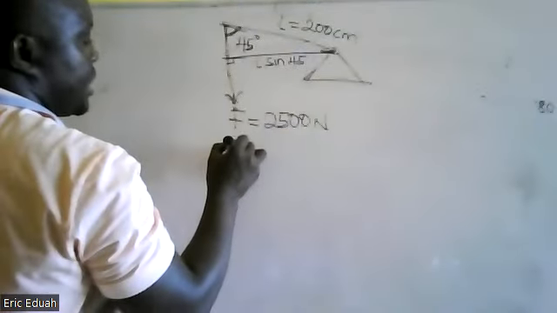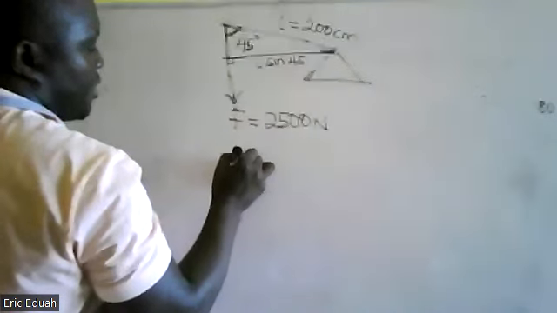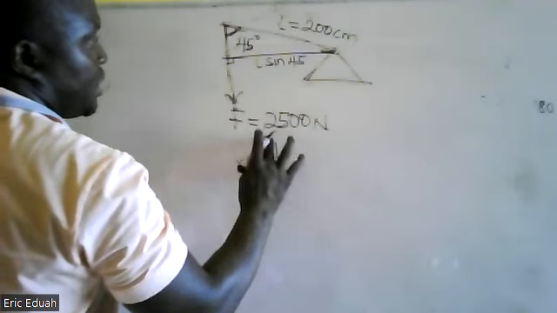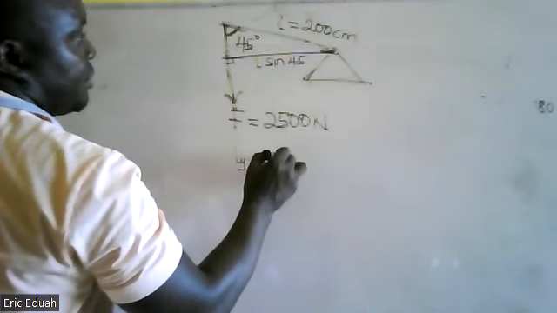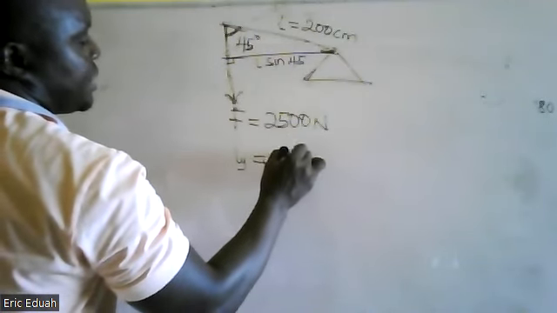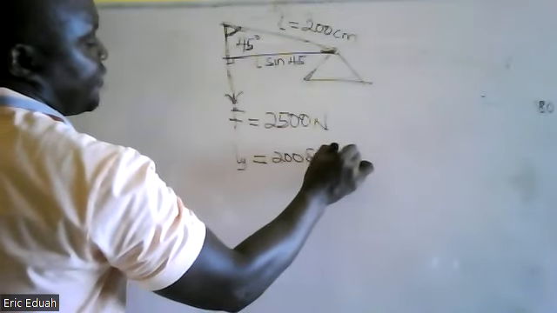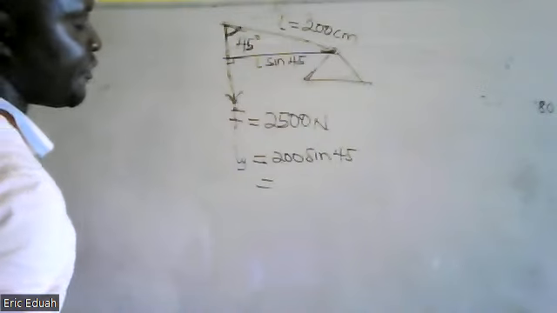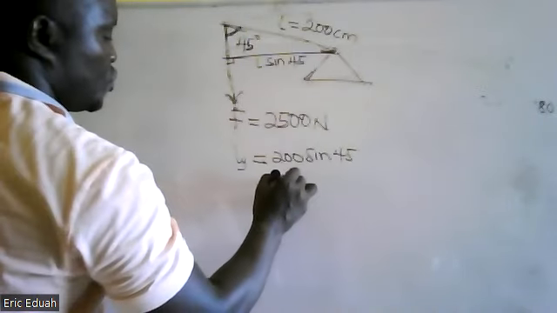So a component Ly would be equal to L's, which is 200 sine of 45. And sine 45 is root 2 on 2.